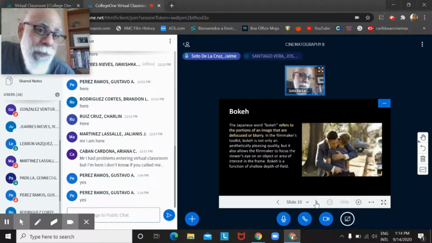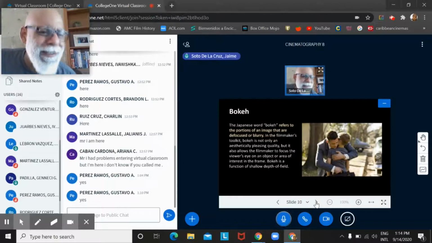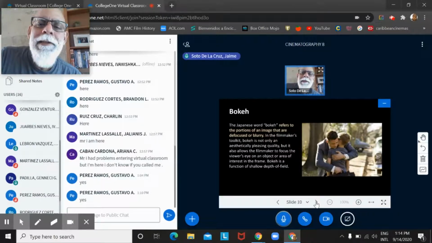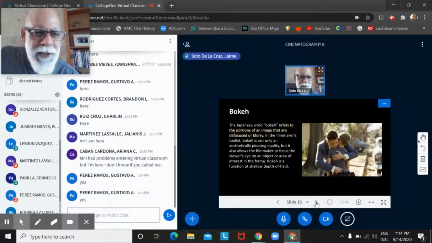This is how we see. We focus, but that focus comes at the expense of blur on the parts that we are not focusing on. So that is desirable in your photography and in your cinematography. It's considered natural, elegant. It's something that is expected most of the time.